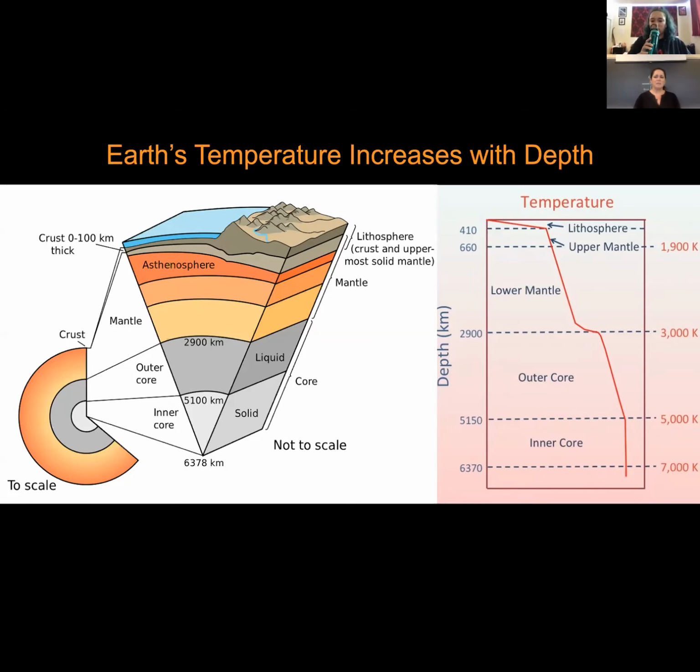If you subtract 273 degrees, I'm making sure I'm going the right direction, yes, you subtract 273 degrees, that gives you a temperature in Celsius. So these are really hot rocks in the center of the earth, thousands of degrees Celsius.